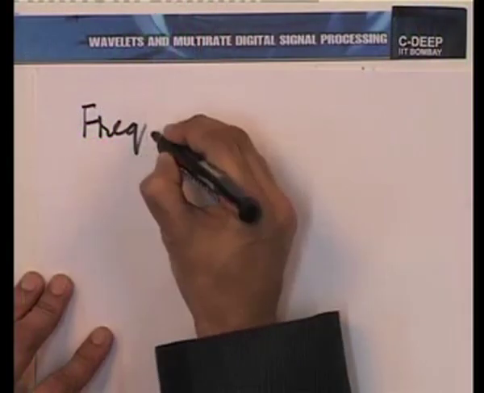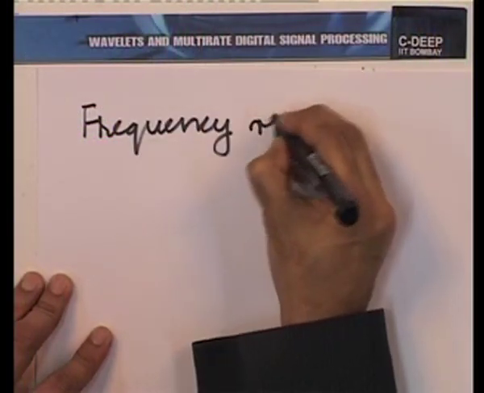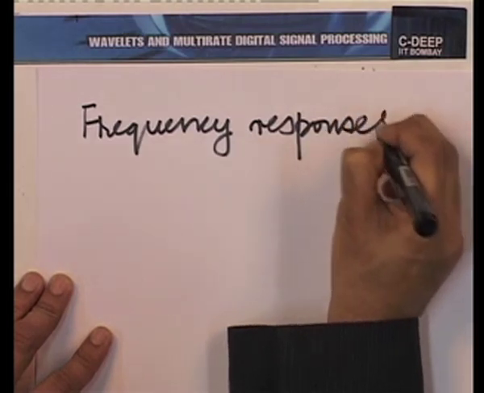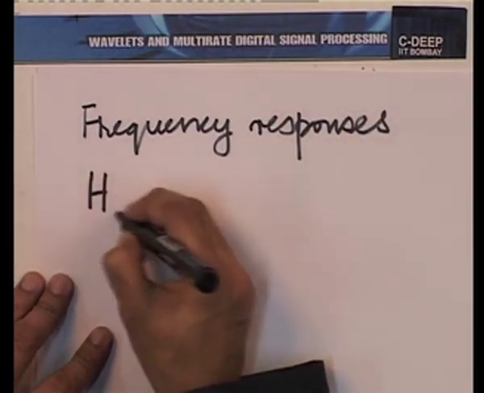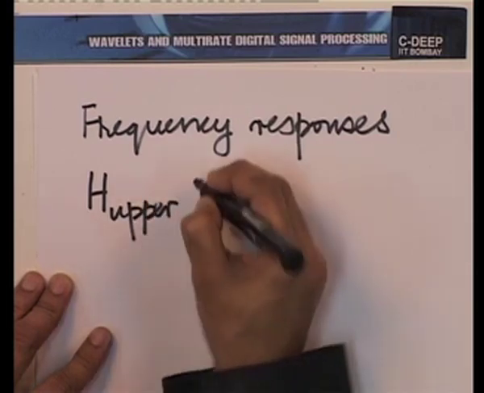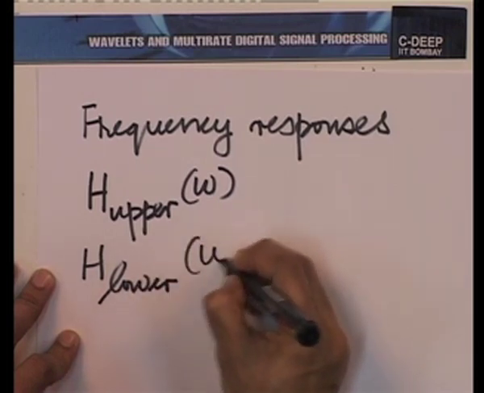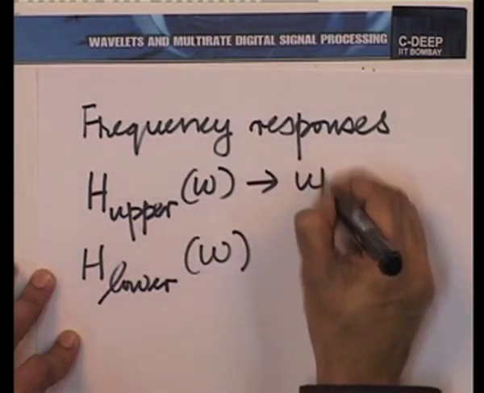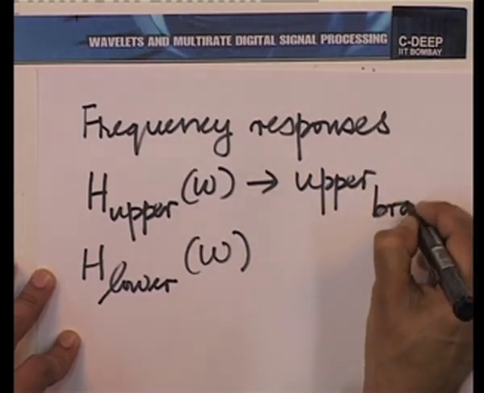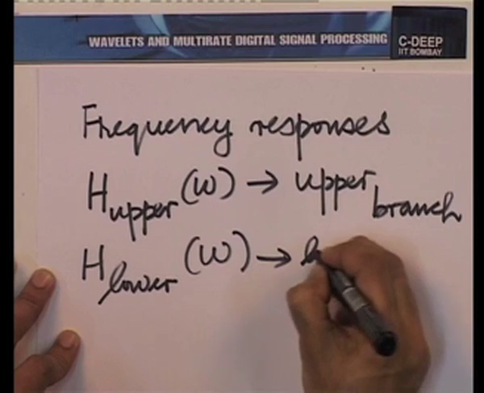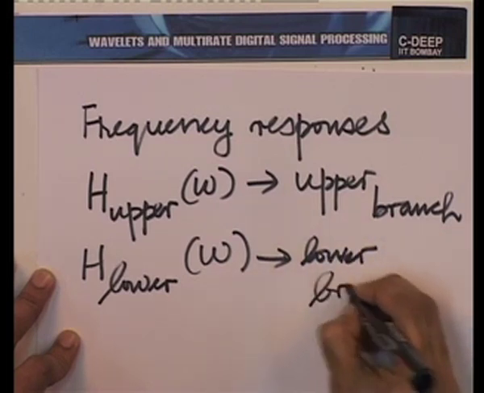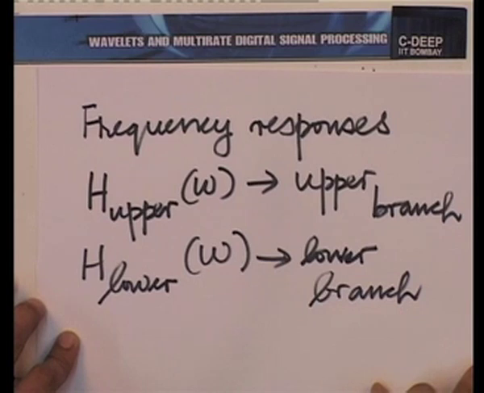So, if you call the frequency responses of the upper branch and lower branch respectively H upper omega and H lower omega, then two properties are immediately satisfied.